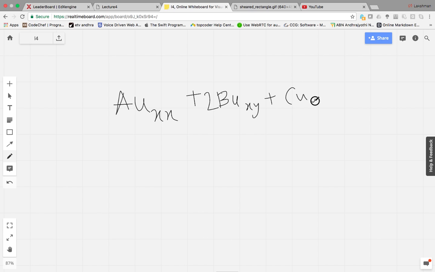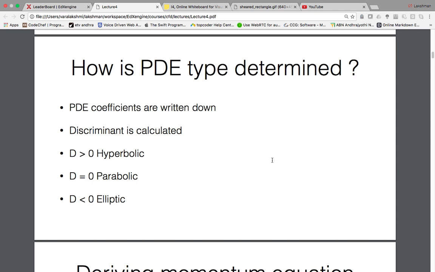Everywhere you will see this one. So for example, if you have a second order equation like this, then you compute the determinant, which is this one. So based on the value of this, which is less than, greater than, or equal to 0, you will identify whether that particular partial differential equation becomes part of hyperbolic class, parabolic class, or elliptic class.